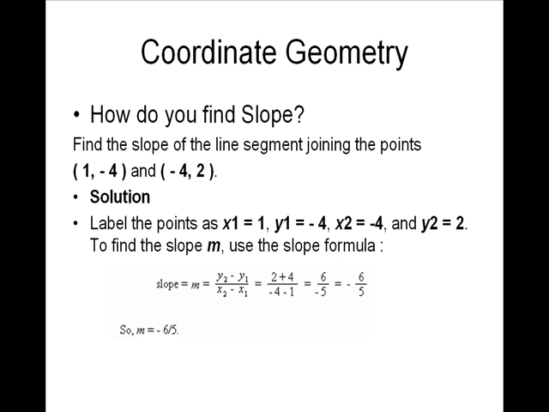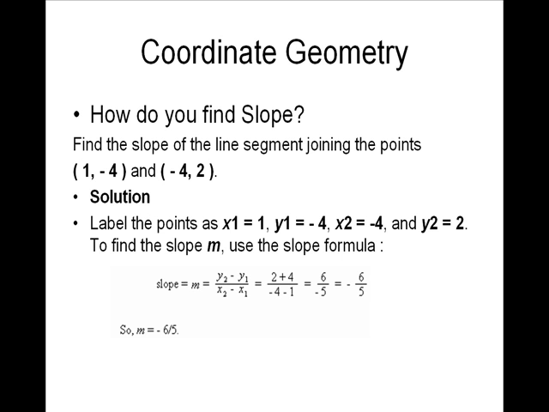Let's look at an example. How do you find slope? So here I have 2 points, (1, -4) and (-2, 4). If you look at the solution, I'm labeling the first set of points, 1 and -4, as x1 and y1, and the other set of points, -2 and 4, as x2 and y2.